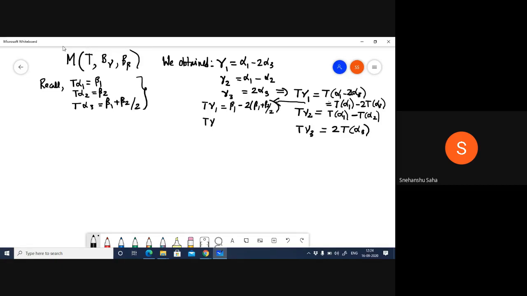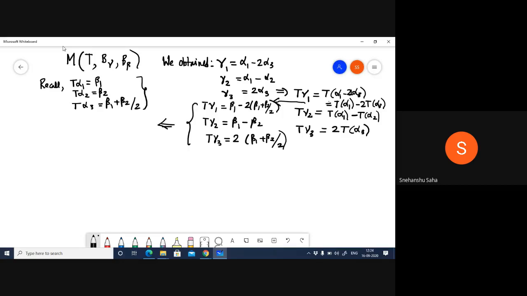P of gamma 2 is P of alpha 1, which is beta 1, minus P of alpha 2, which is beta 2. P of gamma 3 is nothing but 2 times P of alpha 3, which is nothing but beta 1 plus beta 2 by 2. Okay, all right.